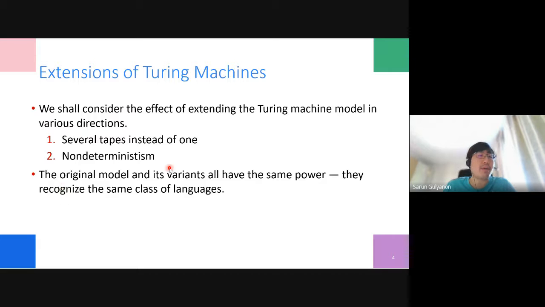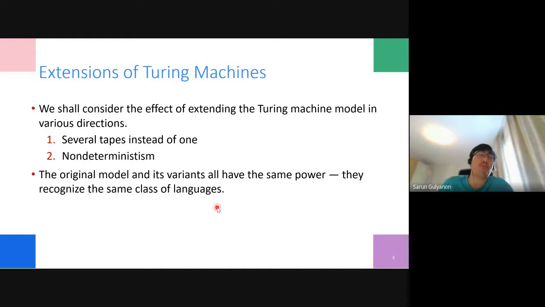But at the end of the day, after we introduce all these variations, you will see that all these Turing machines have the same power, in the sense of expressive power, or the languages that they can describe. They recognize the same class of languages.